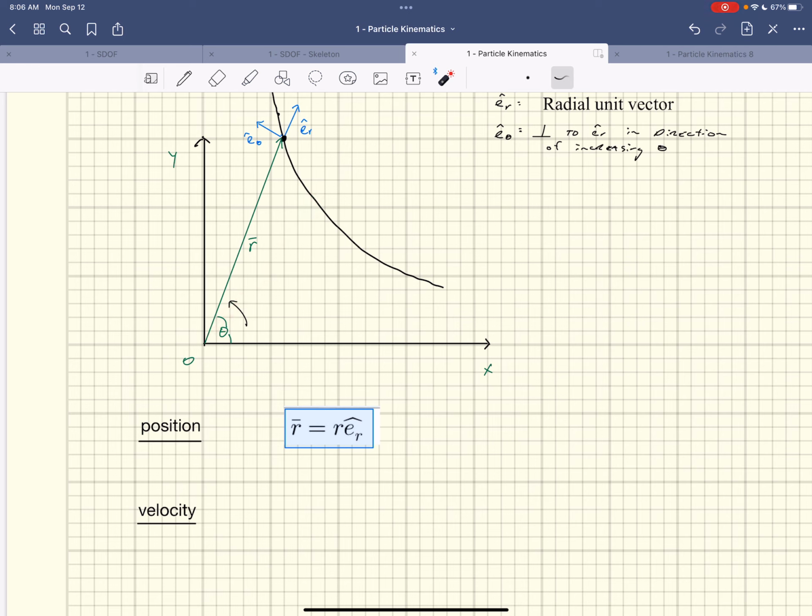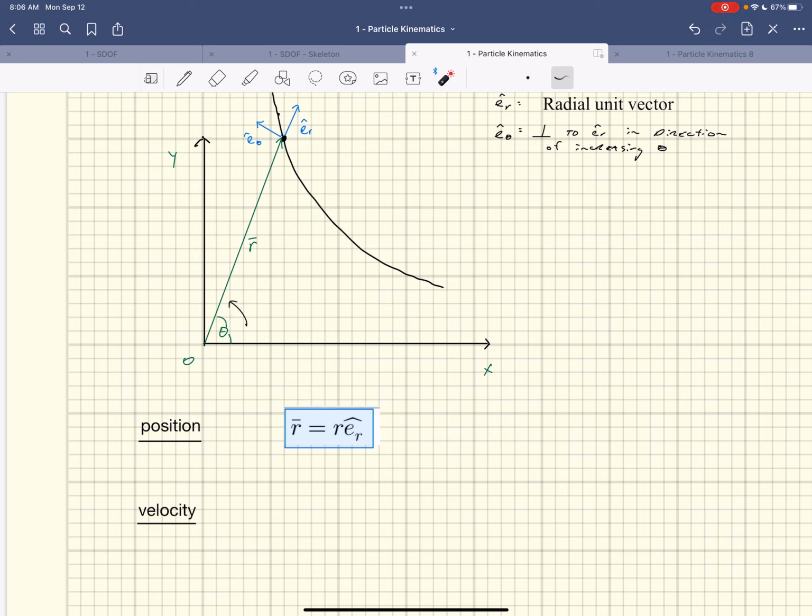Apply the product rule: take the derivative of the first thing, r dot in the e_r direction, plus leave the first thing alone, which is r, and then take the derivative of the second thing. That's just applying the product rule, so it becomes these two things here.